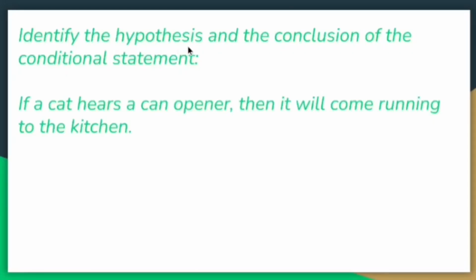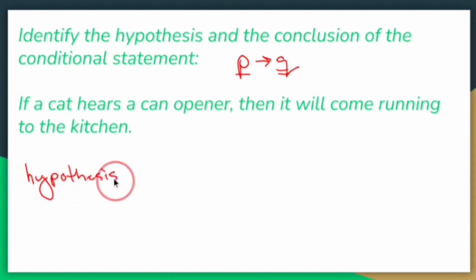Identify the hypothesis and the conclusion of the conditional statement. A conditional statement says, if blah, blah, blah, then blah, blah, blah. It could also be written like this, P then Q, where P is your hypothesis and Q is your conclusion. If P, then Q. This is already written to us as an if-then statement. So, fairly simple. The hypothesis is going to be the phrase after the if.